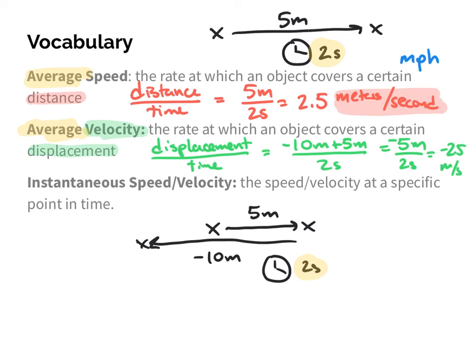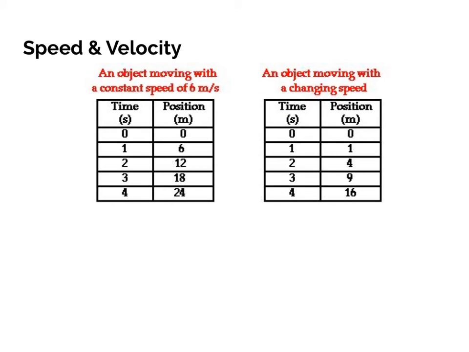But sometimes I can refer to speed and velocity as instantaneous. Key word within that is the word instant. Instantaneous speed or velocity would be your speed and velocity at a specific point in that time frame or in that length of time. So here's what this looks like. Take, for example, these two tables. I have my speed and position and time shown here.